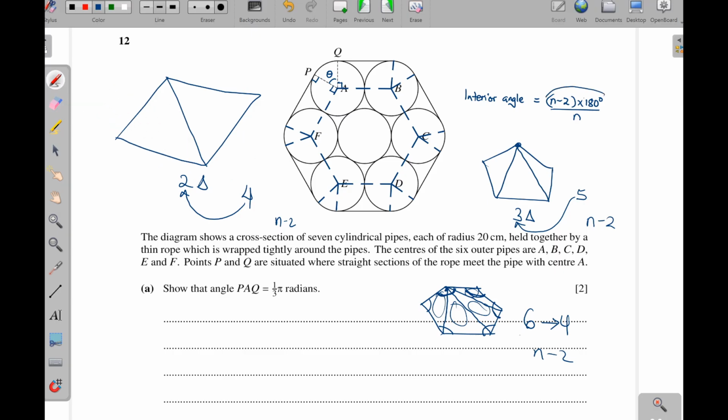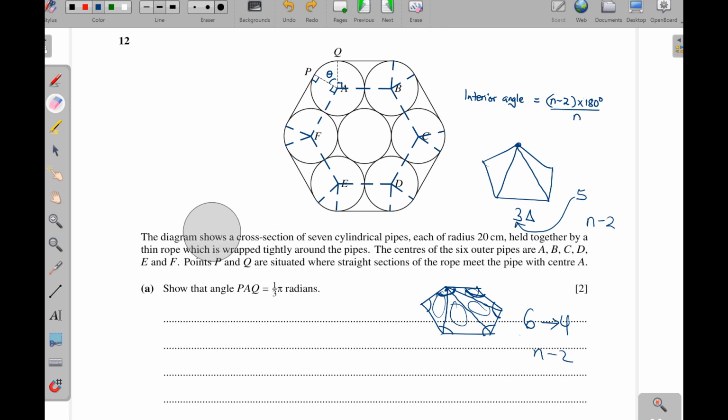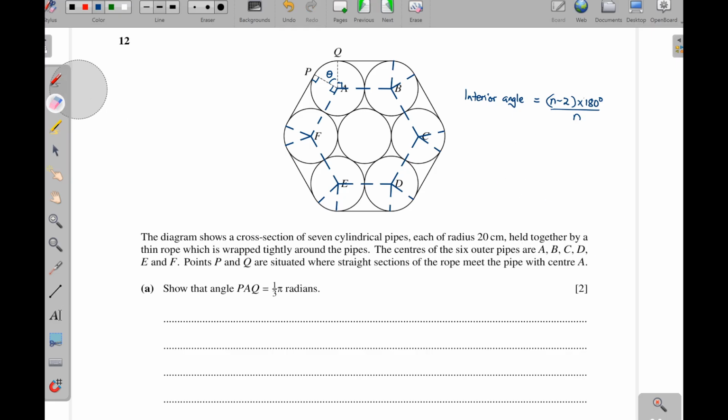So this is the sum of the interior angles, then divide by how many they are. You see that? All right, so I'll take everything here off, and then we write this one here. This is a hexagon, so it has 6 sides. So 6 minus 2, that will be a 4. Then times 180. A hexagon has how many sides? 6.